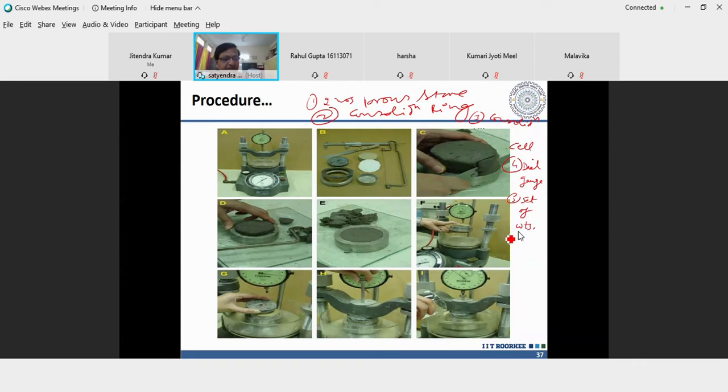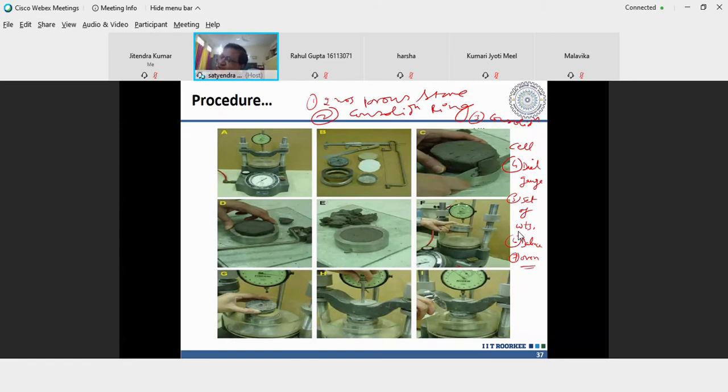Then a balance, electronic balance. Then an oven. So all these things are essentially required. I need not write them all down, because that will take unnecessarily long. The main thing is the loading frame, which I have already explained to you.